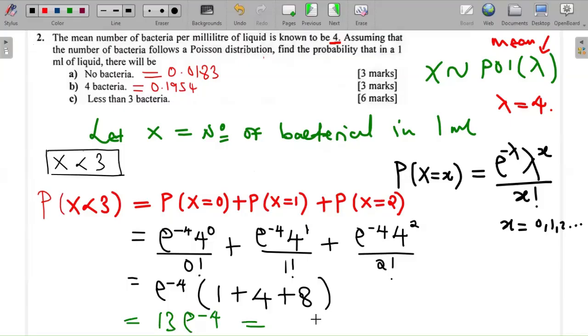Approximately, to 4 decimal places, it is 0.2381. Okay, so that's the probability that I find here. The probability that the bacteria will be less than 3 is 0.2381. Okay, so any questions there?